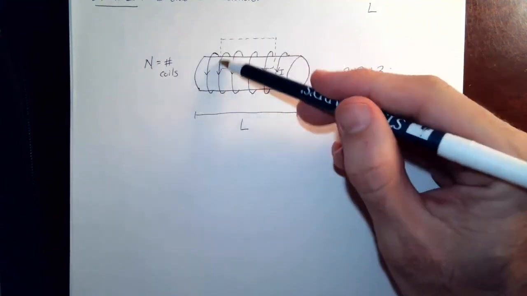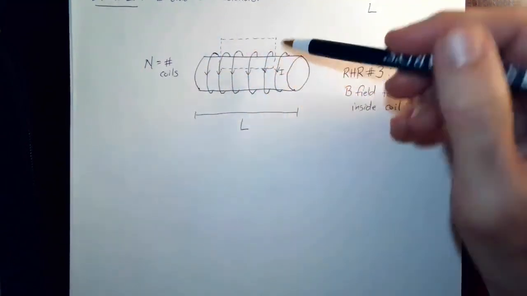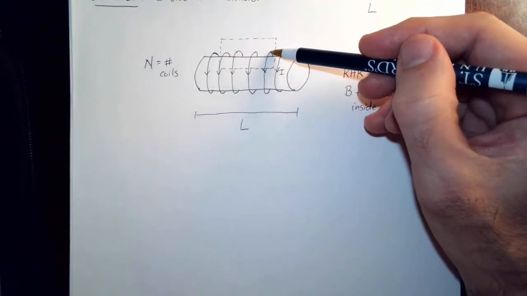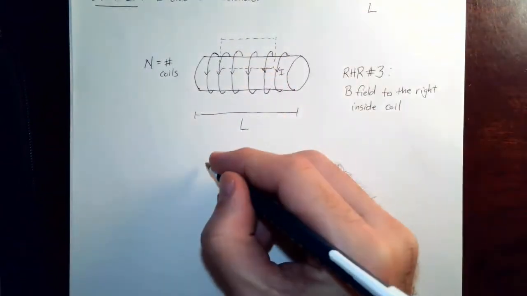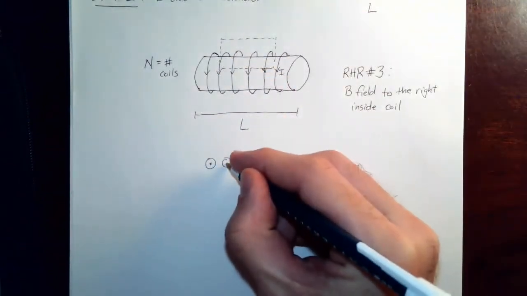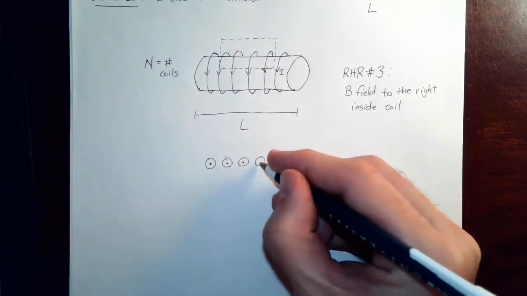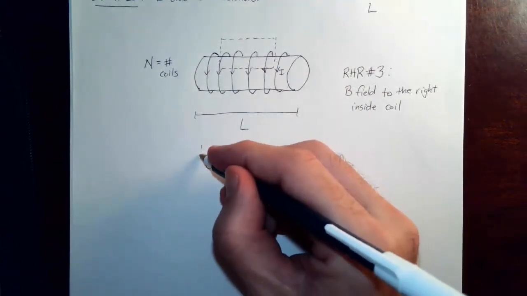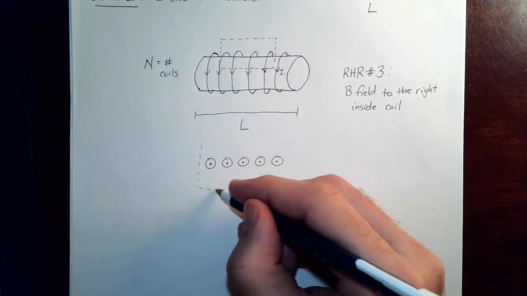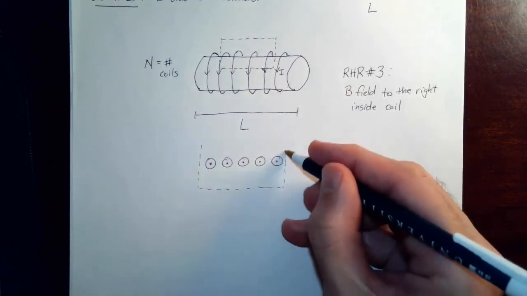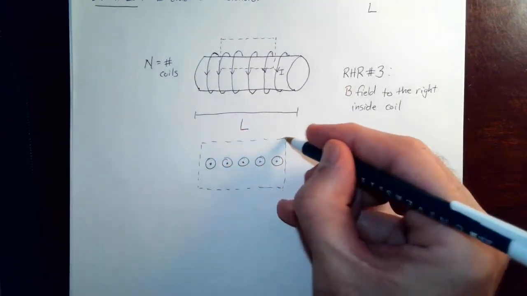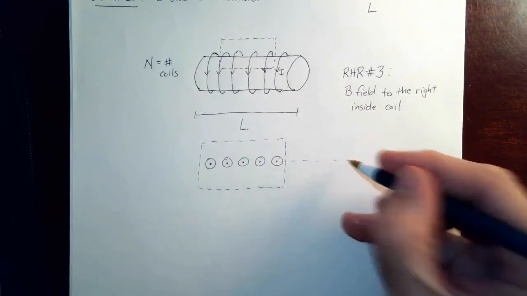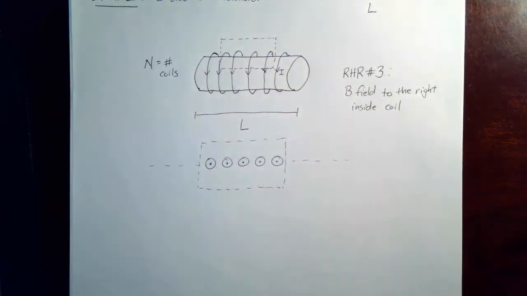And I'm just going to focus on the part that's inside my rectangle. So all of these currents are coming out of the paper. Okay, so I'm going to draw them like this. Okay, and my rectangular Amperian loop goes around like this. And then I have more currents here, more currents here.